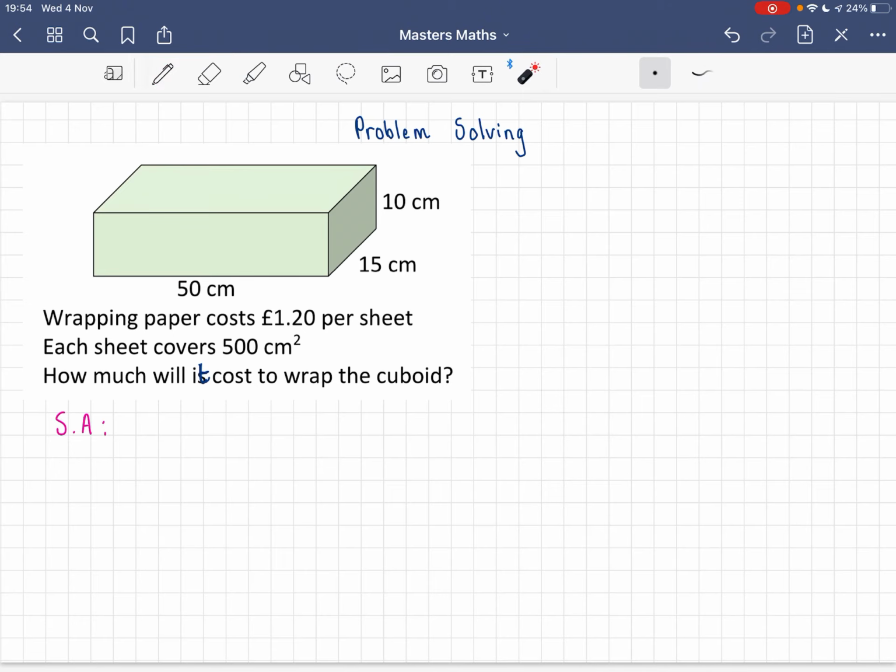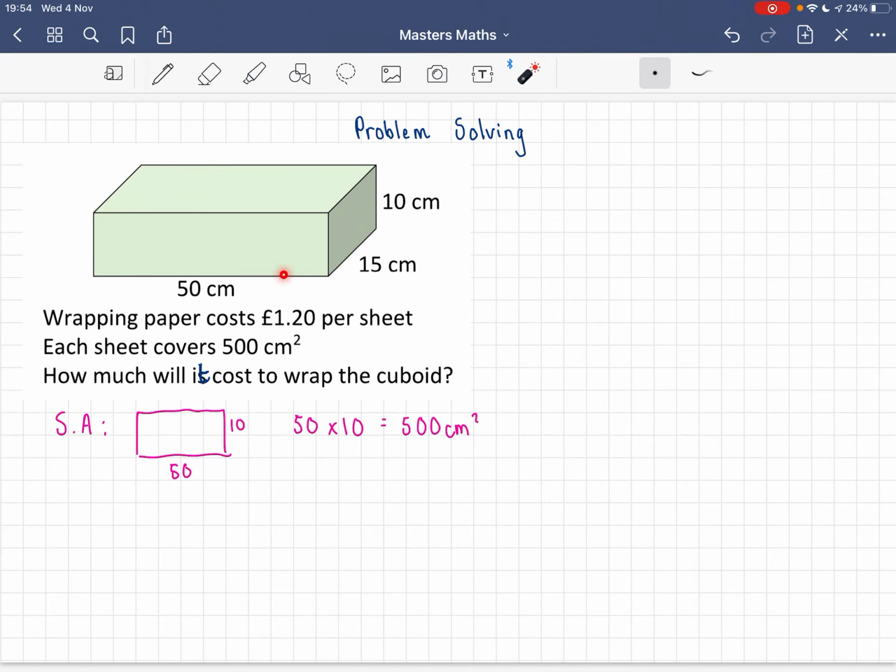We have this front face, which is a rectangle, and it has a base of 50 and a height of 10. Yeah, so base of 50, this would be 10 because it would be the same as that one. So the area of it is 50 multiplied by 10, which is 500 centimetres squared.